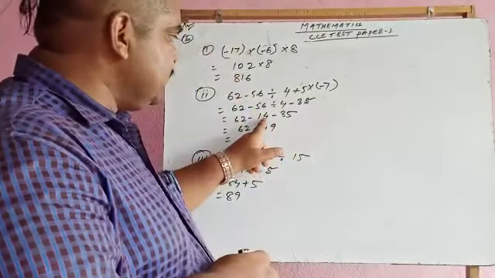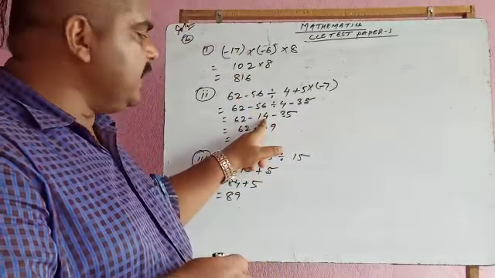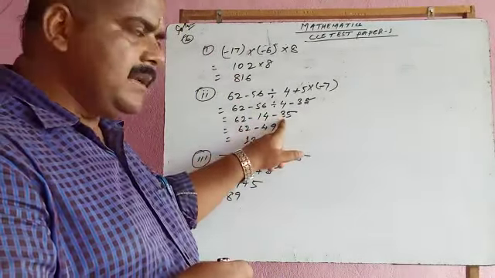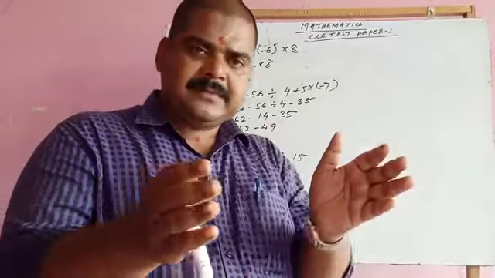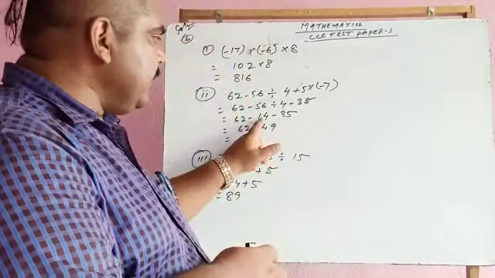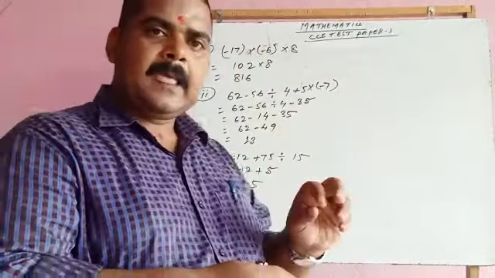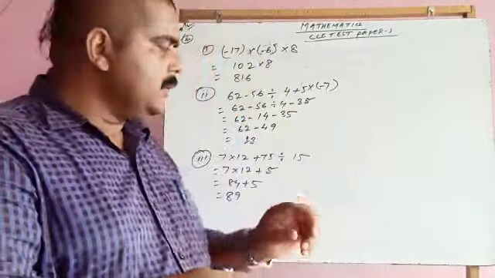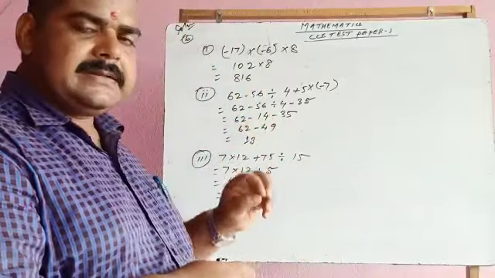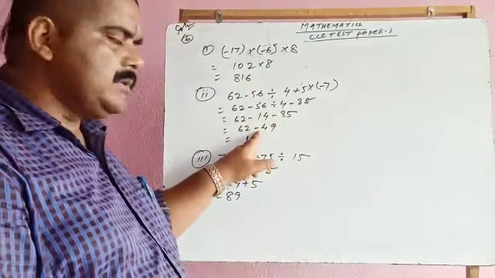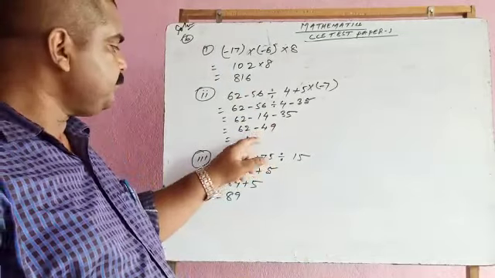I have taken the absolute value of minus 14 as 14, minus 35 as 35. When 14 is added to 35, the result is 49. And by the rule, since it is the negative one, I have put a negative sign here.